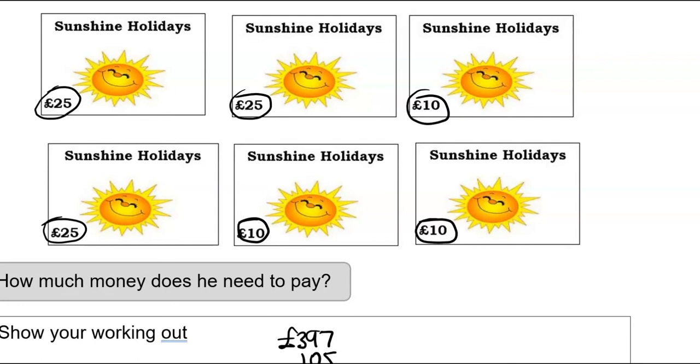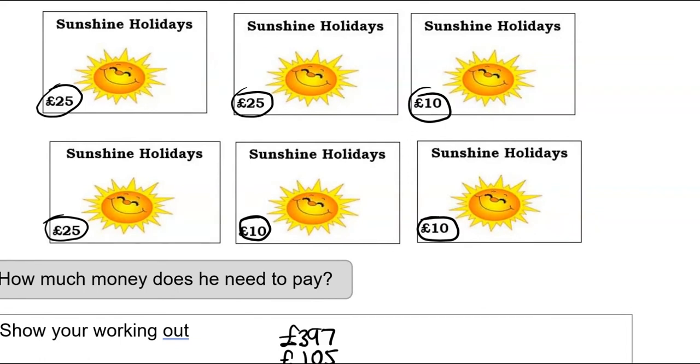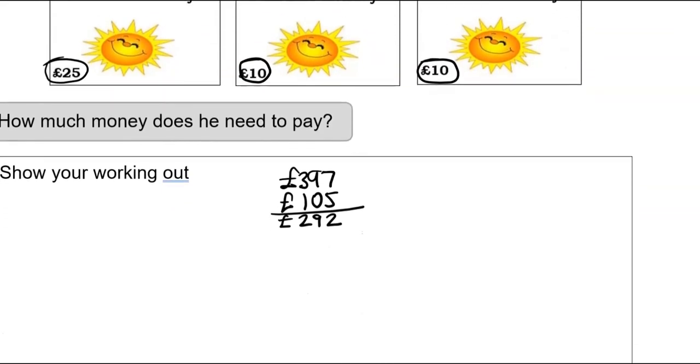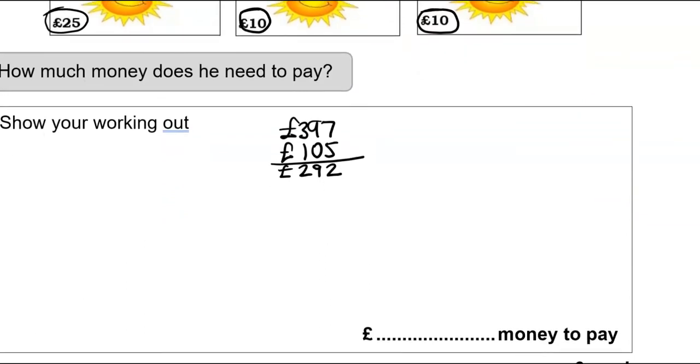So if we take that away from 397, 7 take away 5 gives us 2, 9 take away 0 gives us 9, 3 take away 1 gives us 2, and you could have done this with a calculator as well. Or if you did it like this, then you can just check it with a calculator.